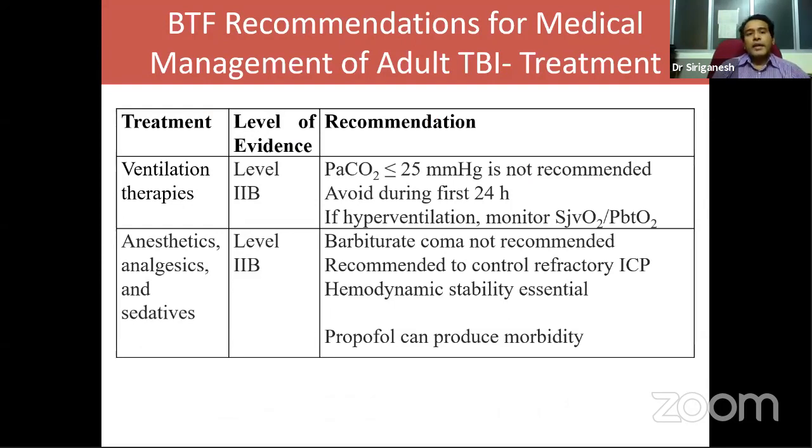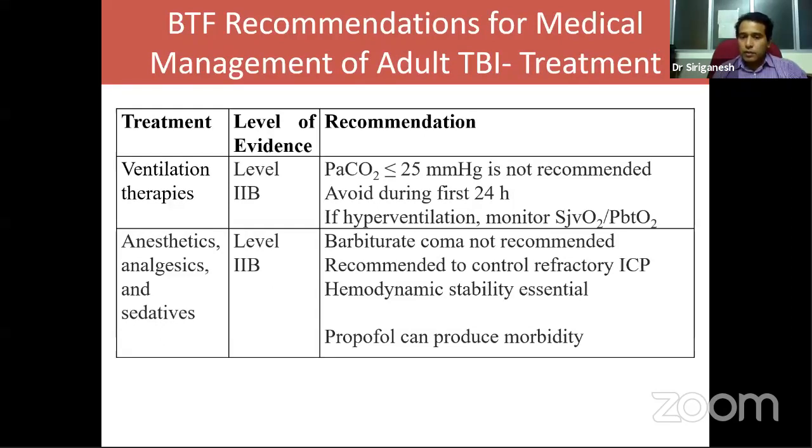Now coming to the recommendations relevant for us, ventilation and anesthetics. Hyperventilation below a PaCO2 of 25 mm of mercury, especially in the first 24 hours for a prolonged period, is not recommended. And if you are using it, please monitor some form of cerebral oxygen saturation. Coming to the anesthetics, prophylactic use of barbiturates to produce pharmacological coma is not recommended.